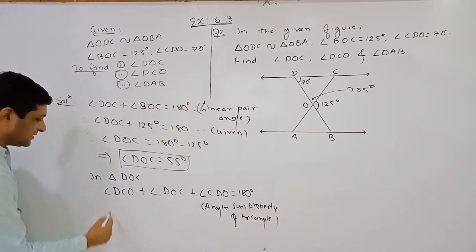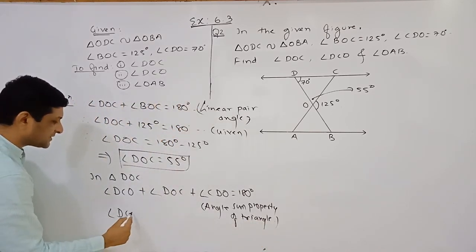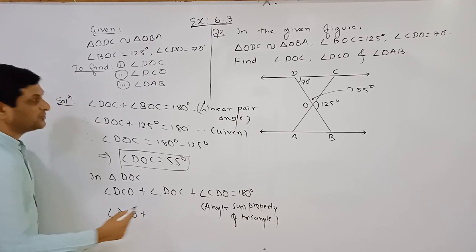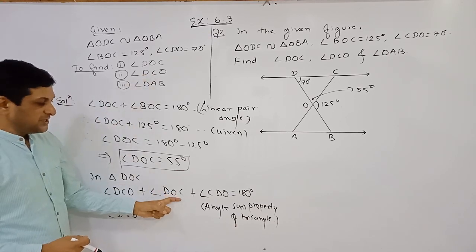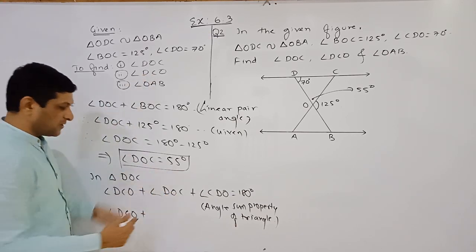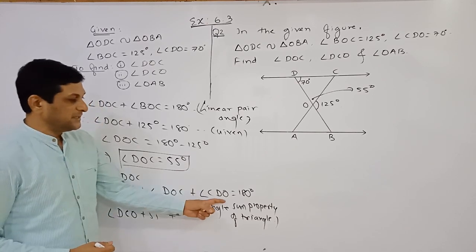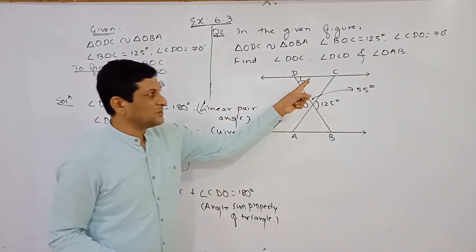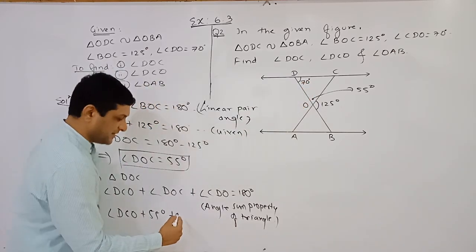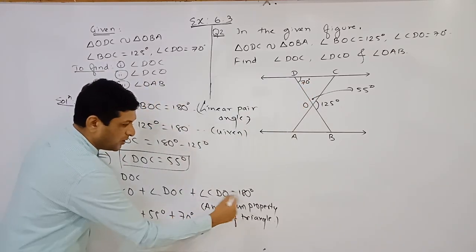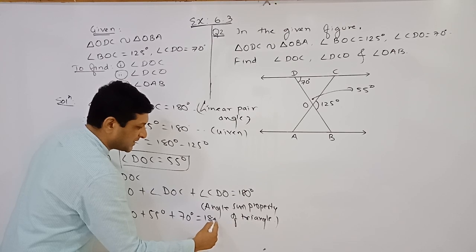Now we are substituting the values. Angle DCO is our required angle. DOC is 55 degrees, plus angle CDO, which is given as 70 degrees. On the right hand side, 180 degrees, keep it as it is.